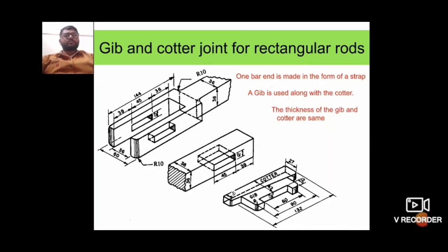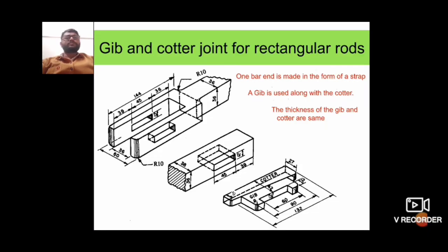Next type of joint is jib and quarter joint for rectangular rods. The diagram shows the jib and quarter joint, and it is for rectangular rods. The previous one was for circular rods. This type is for rectangular rods, and here one bar end is made in the form of a strap, and a jib is used along the quarter.